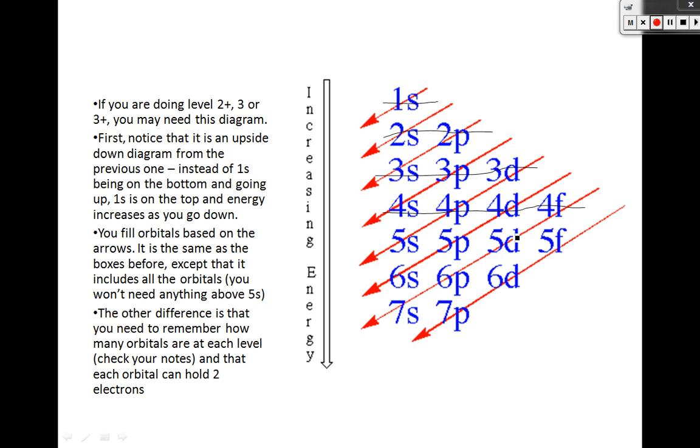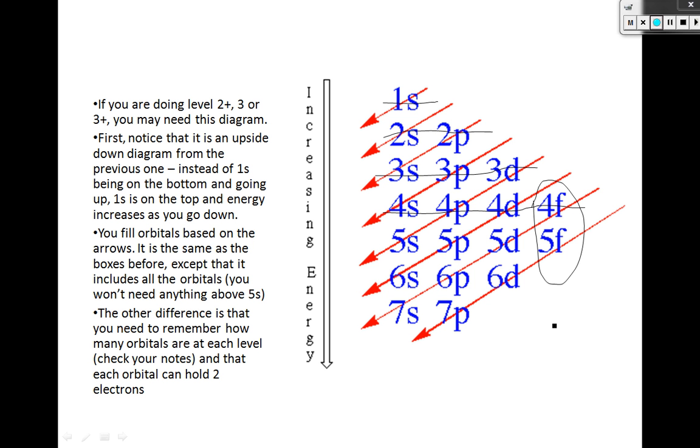Then 4f, 5d, 6p, 7s, and so forth. As I said, we will never in this class get into the f electrons, but if you look at your periodic table, you can probably figure out which elements would use those f electrons, remembering that each orbital has 2 electrons, and at the f level there are 7 orbitals.